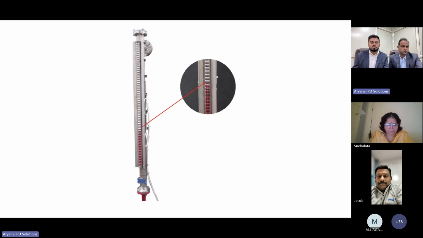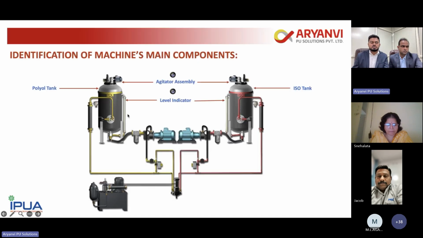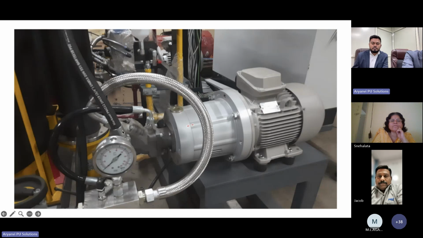Here I am giving you just a product overview so you can understand the machine components which are necessary on the machine. Next we move to the pumping unit or pumping group. It is basically a combination of the pump, the magnetic coupling and the motor.